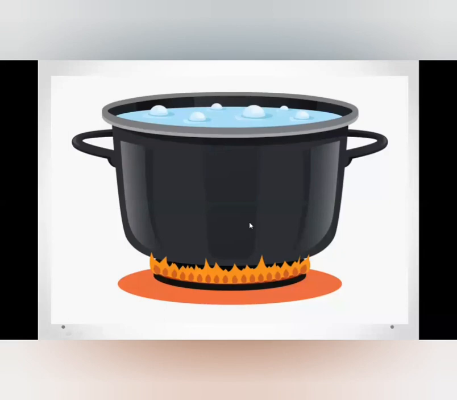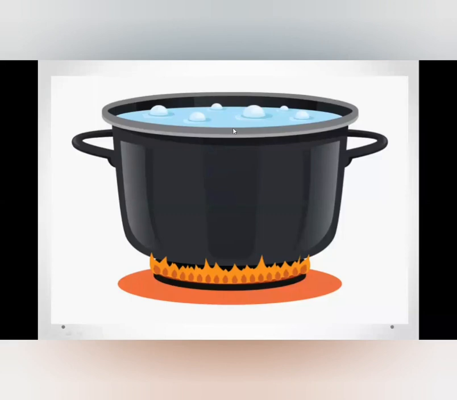Now, why do these bubbles come up? What causes these bubbles? The answer to this question is that the bubbles are caused due to the heating of water.